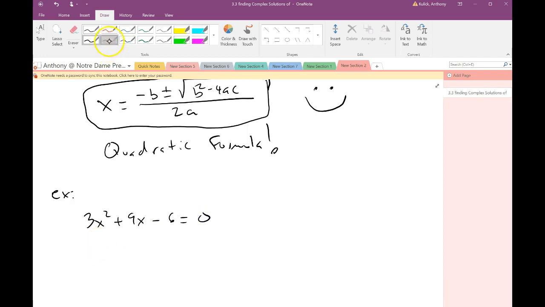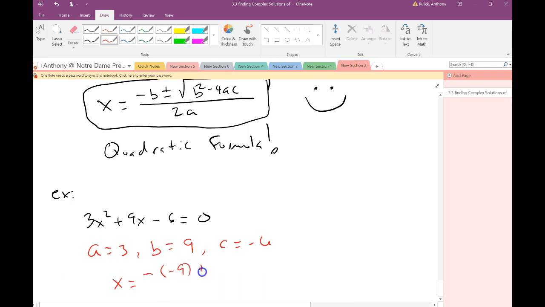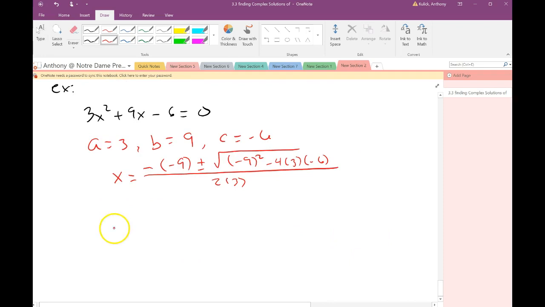So I have here that a is 3, b is 9, c is negative 6. So I just need to plug them in. x equals negative of negative 9 plus or minus square root of negative 9 squared minus 4 times 3 times negative 6, all over 2 times 3. And when I simplify this, it's positive 9.